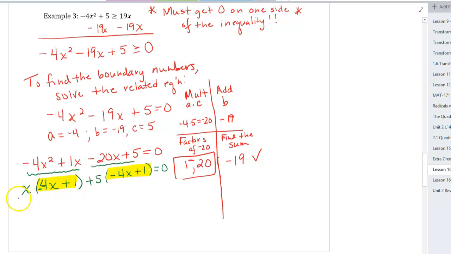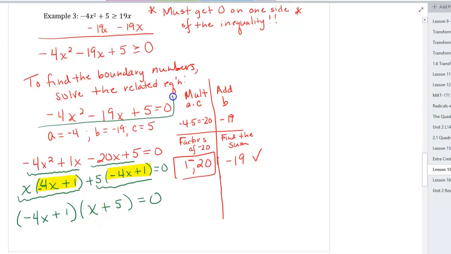So now if I look at it as this is a term and this is a term, they have the negative 4x plus 1 in common. And then what's left over is x plus 5. So what we have now is the factored form of this equation.